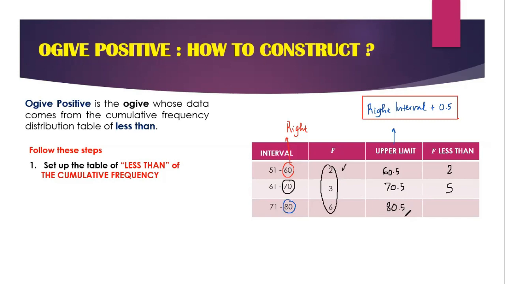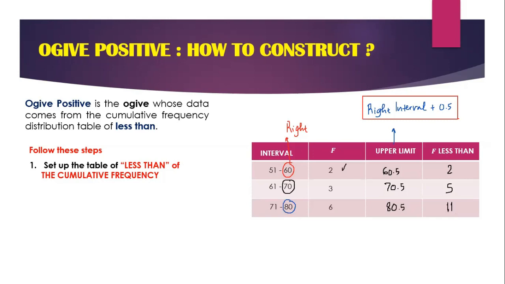So the cumulative frequency less than 80.5 is 2 plus 3 plus 6, so the answer is 11. Is it clear, everyone?